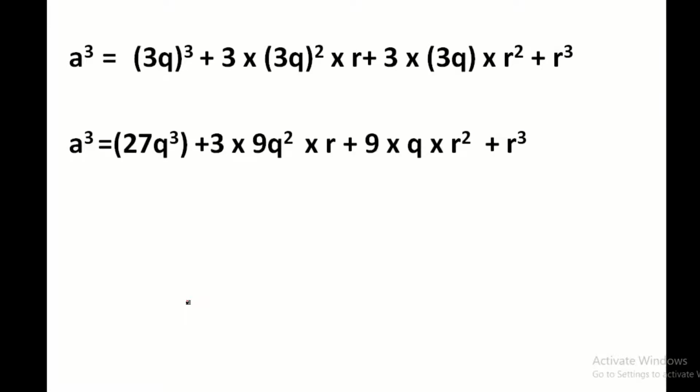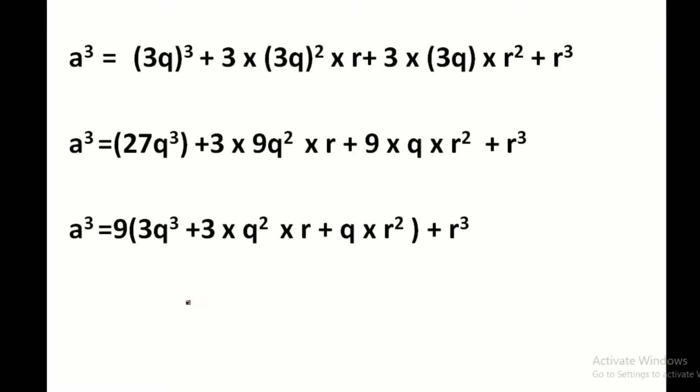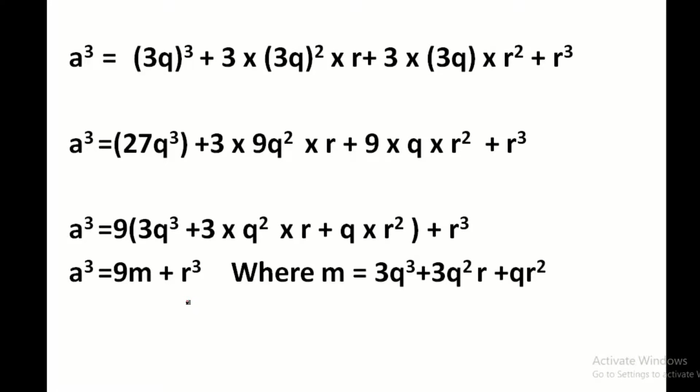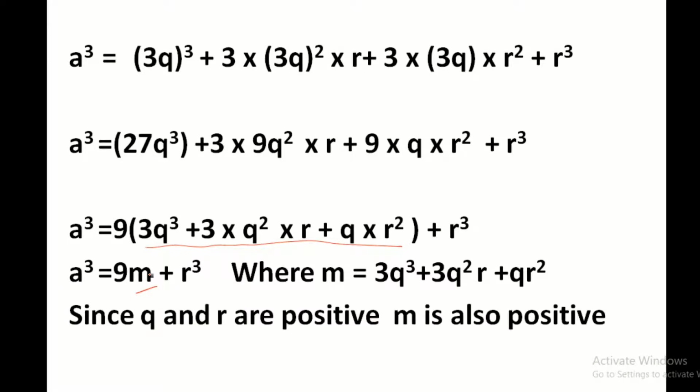I simplified that expansion and finally took 9 common from the respective terms, where r cube is left over, and all those terms I have replaced by m. So a cube is equal to 9m plus r cube. Since q and r are positive, obviously m is also positive.